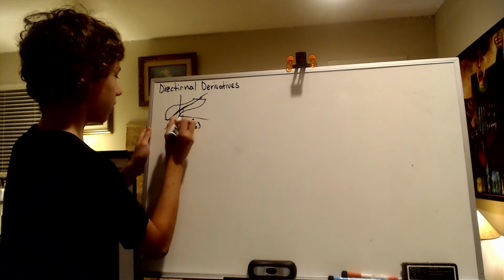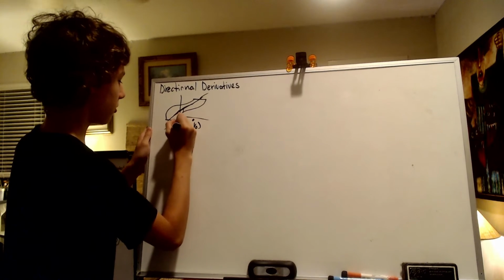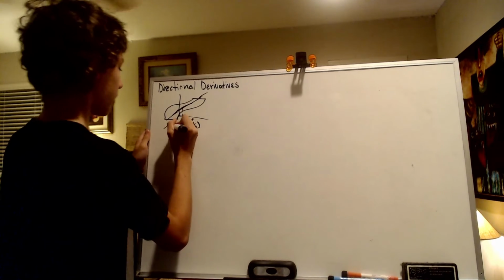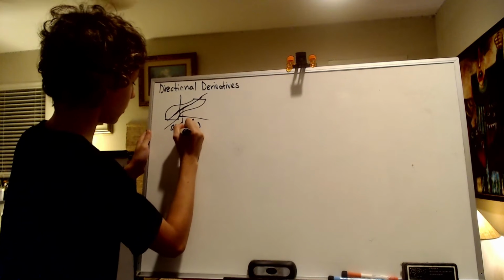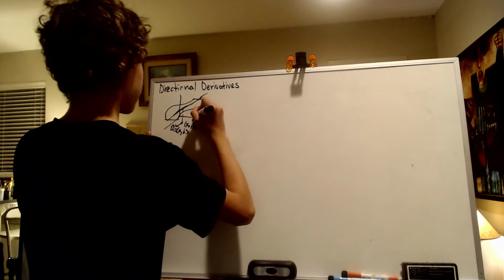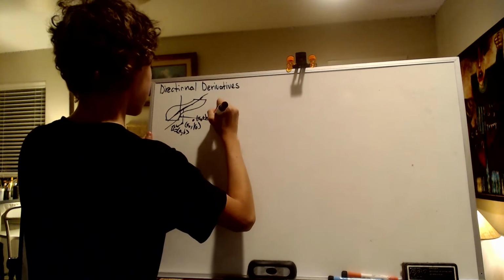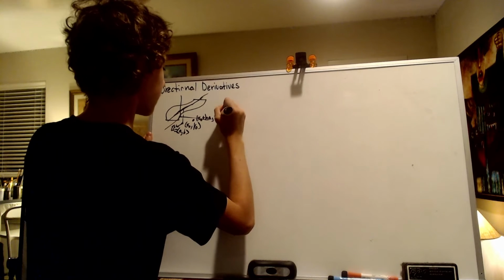And then again, we still have our vector u hat equals a, b, and then we get to some other point, x naught plus ha, y naught plus hb.